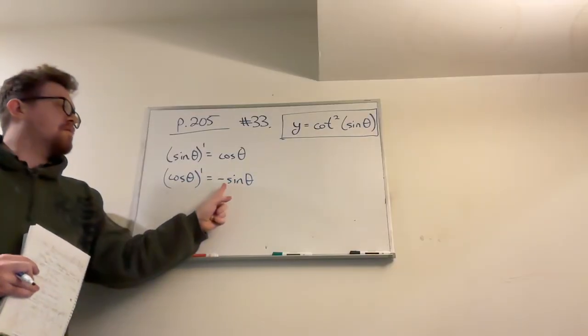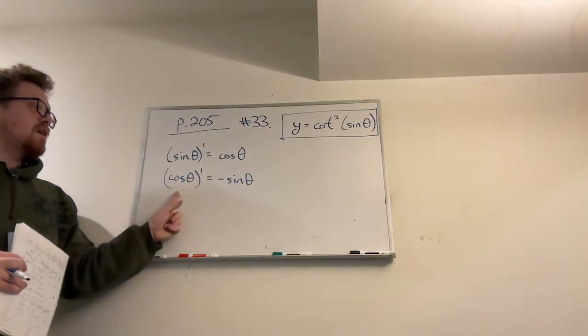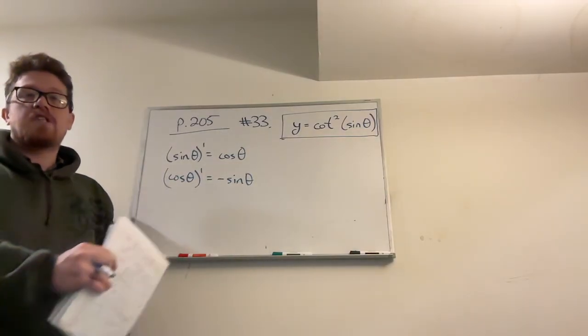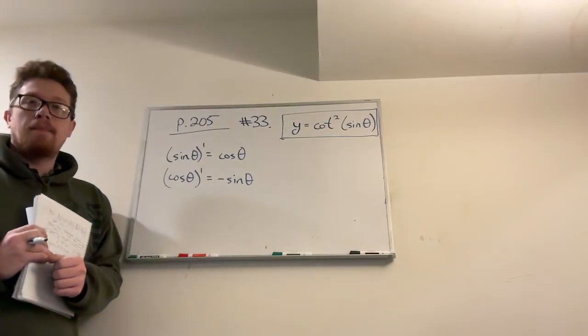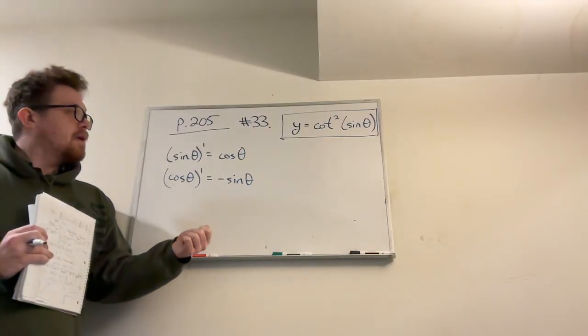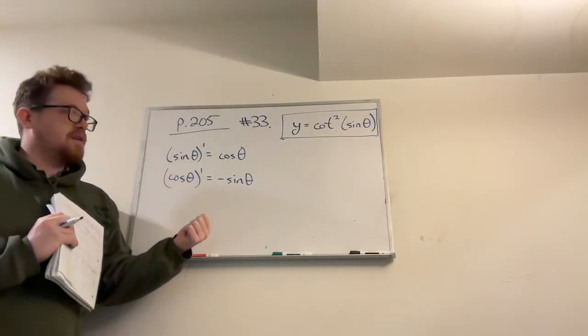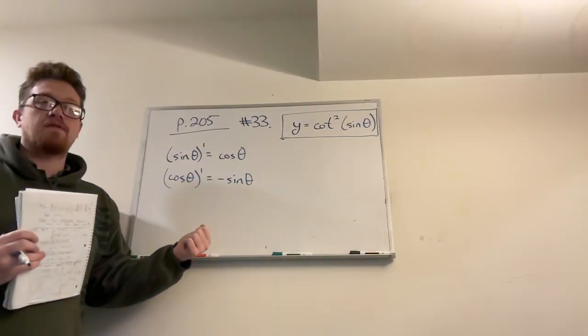Then when you take the derivative of negative sine, you get negative cosine. You take the derivative of negative cosine, you go back to sine. So it actually takes 4 cycles to get back to the same thing. But if you take the derivative twice, you get the same function, but the negative of it. So the second derivative of sine is negative sine. The second derivative of cosine is negative cosine.